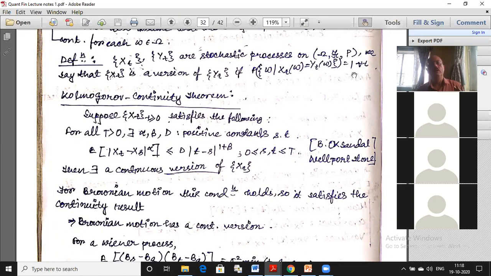Oh, no, no. Brownian motion is a very nice stochastic process, and using this Kolmogorov continuity theorem, we can show that it has continuous sample paths. But to invoke the Kolmogorov continuity theorem, I need this definition. You see, just from the definition of Brownian motion, there was no guarantee that all sample paths will be continuous.